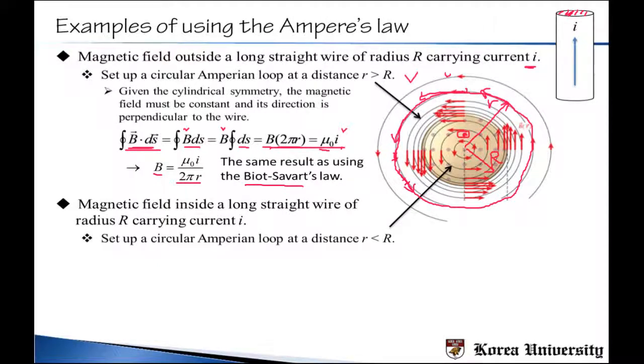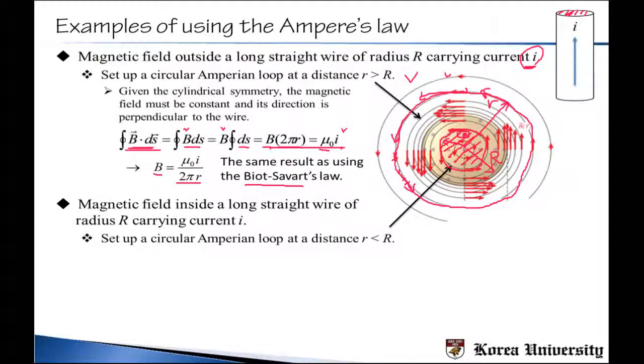Now if you are inside the wire, for example, this will be your Amperian loop. In this case, this small r will actually be smaller than the radius of this wire, right? And in that case, you can immediately see that the current enclosed by this loop must be smaller than I. So now the amount of the enclosed current depends on how the current is distributed.